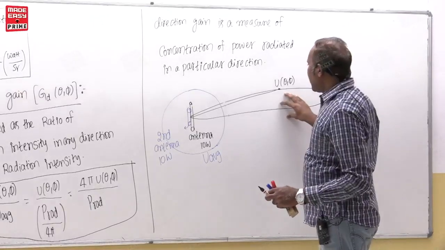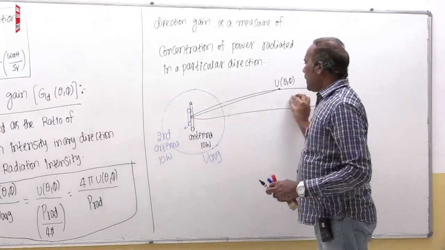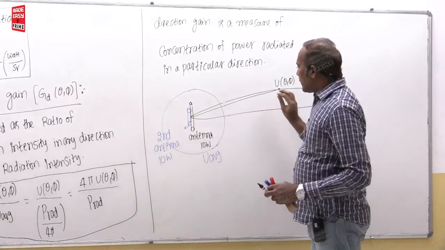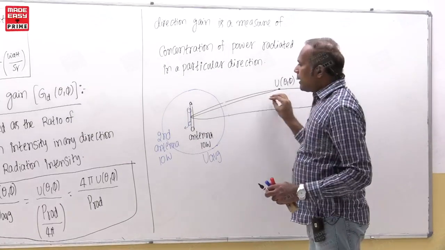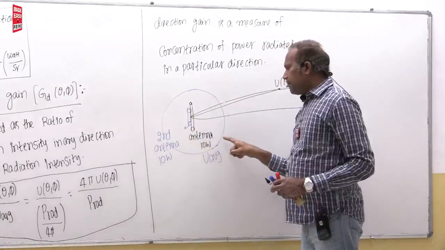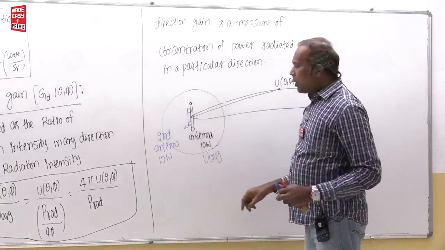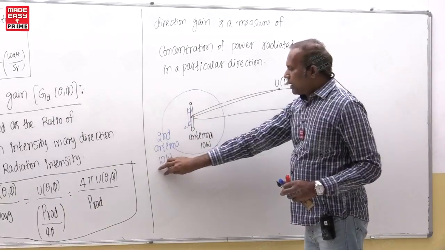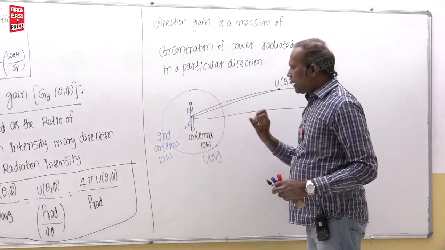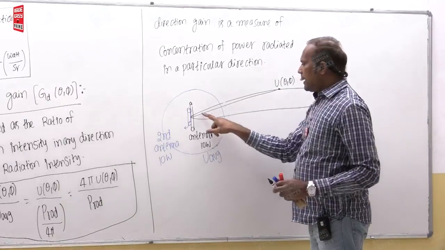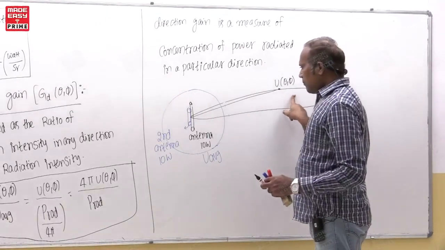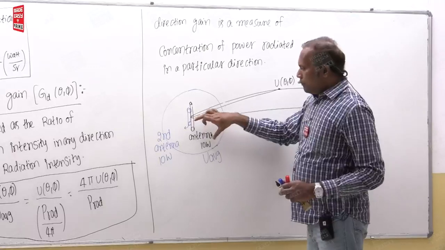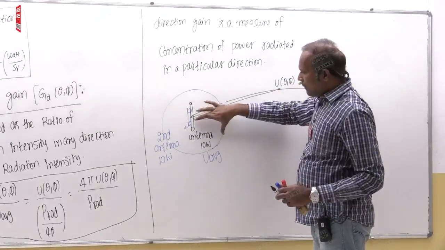Now, for the same directional antenna, you remove this power and distribute it equally here, then that average value becomes this blue one only. So you take one isotropic antenna and give the same power, 10 watt, and you take one directional antenna and give 10 watt. Then the directional antenna is radiating in this direction, and the isotropic antenna is radiating like this, equal radiation intensity in every direction.